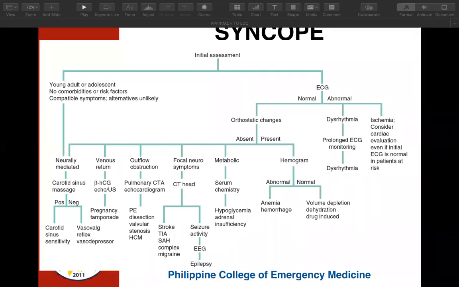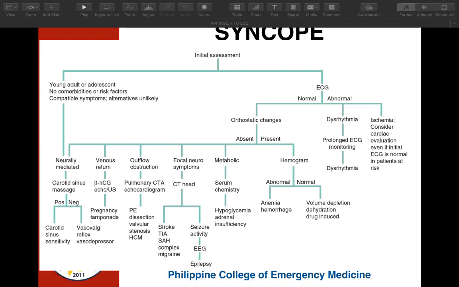If there is absence of orthostatic changes, you can think of metabolic causes. So you need to check the sodium, potassium, your serum chemistry, or probably the patient is experiencing hypoglycemia or adrenal insufficiency.